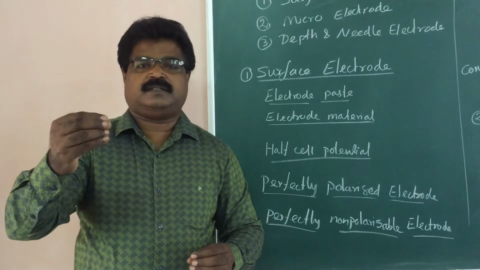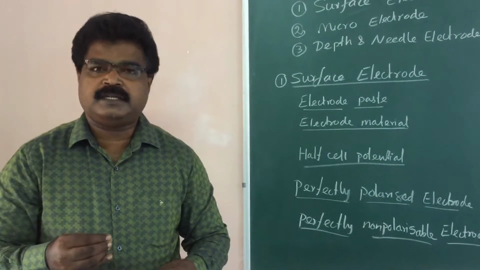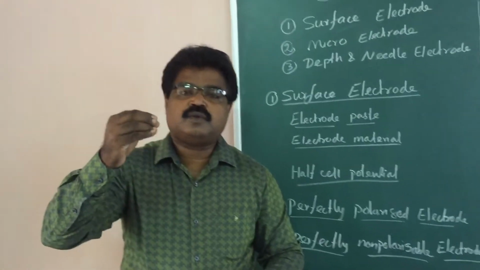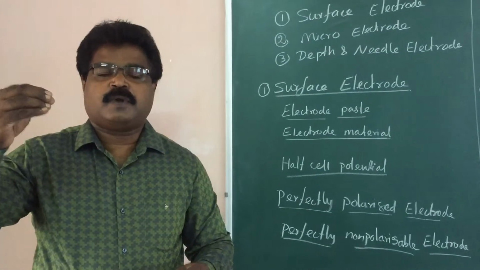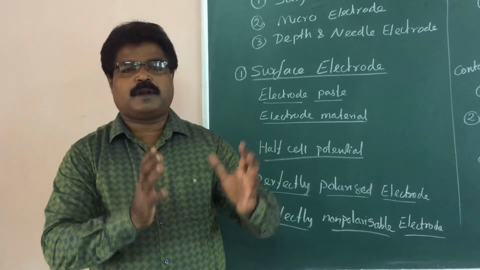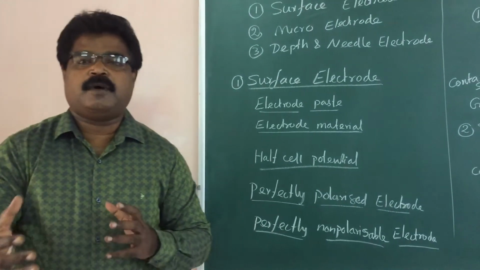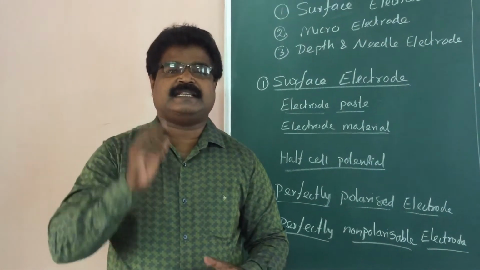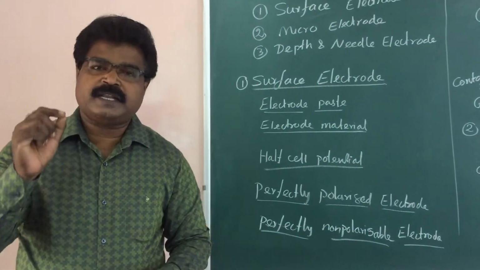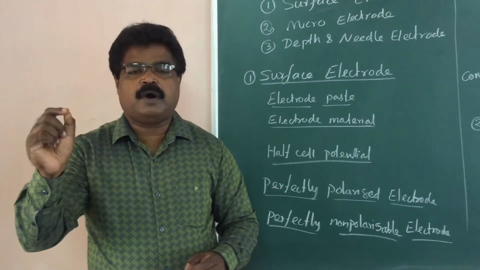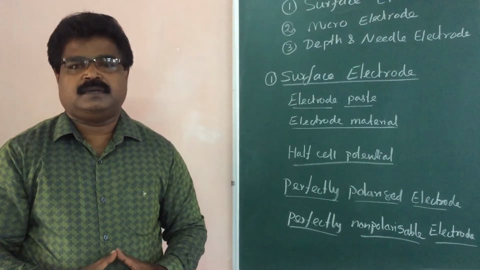The ions present in the body fluids will accumulate nearer to the electrode. There is no transfer of ions from the body to the electrode; they just accumulate. That is called polarization.